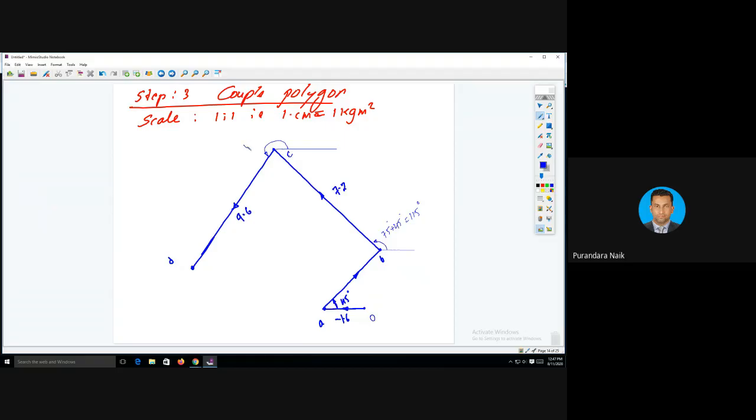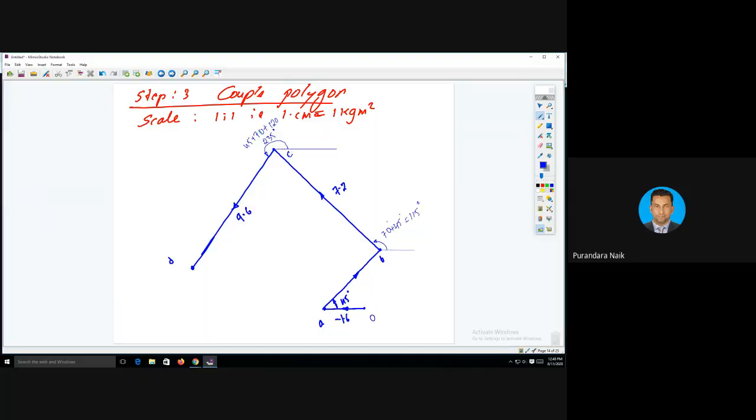Because 45 plus 70 plus 120. It is not 75, it is 70. Okay, so we have taken angle 70.